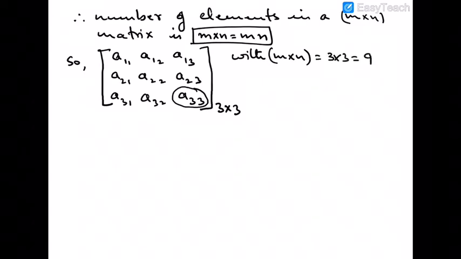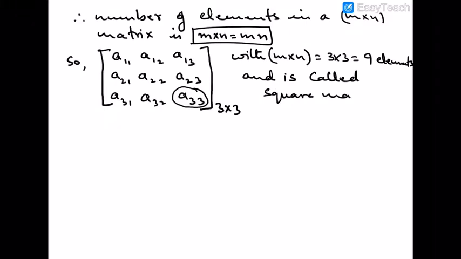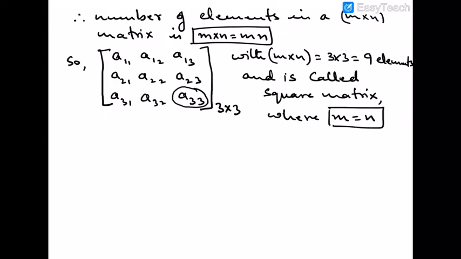So there are 9 elements in this matrix, and this type of matrix is called square matrix, where the number of rows and number of columns are equal. So this is of the form M is equal to N.